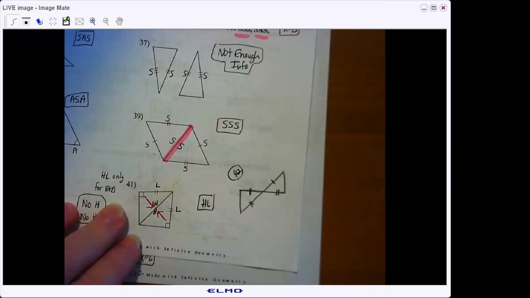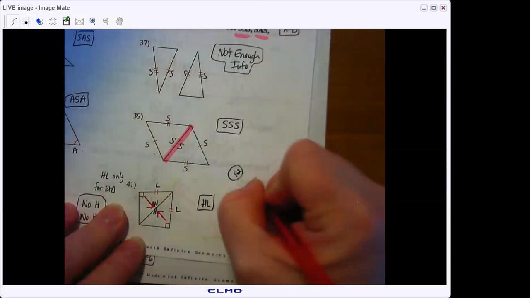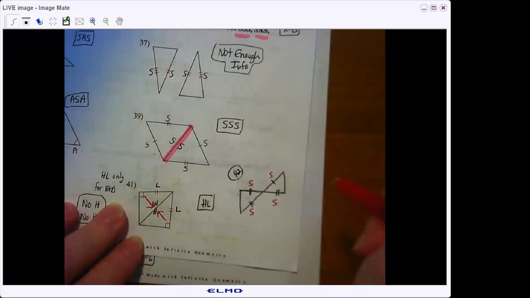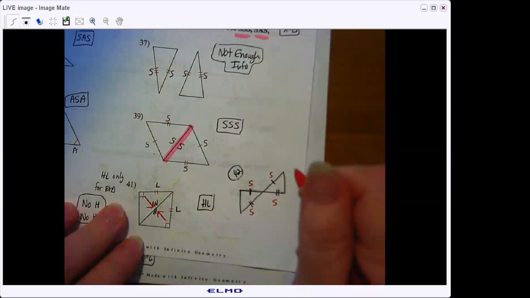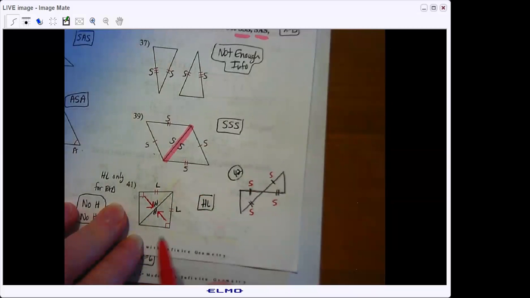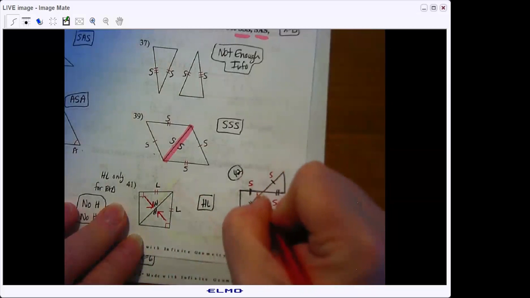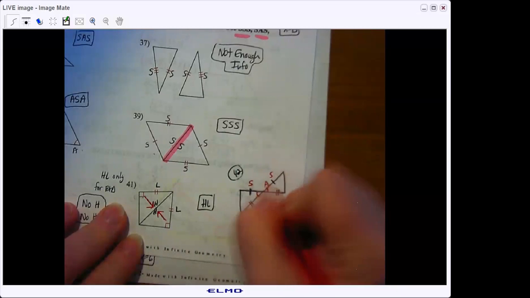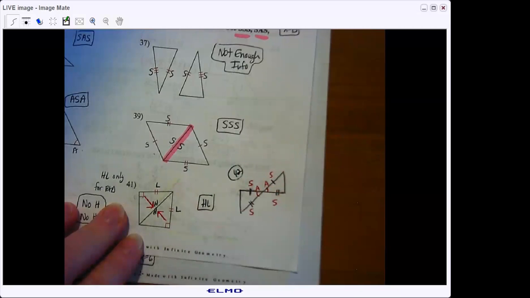Okay. So remember, this is a side, this is a side, that's a side, and that's a side. The only thing legally that we can mark on a picture would be a shared side, which looks more like this, or a vertical angle. Now remember, we talked about vertical angles yesterday. Vertical angles are across from each other and they make an X. So this would actually be an angle, across from each other.